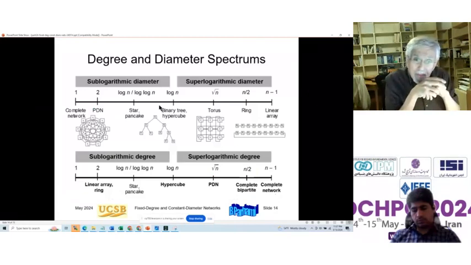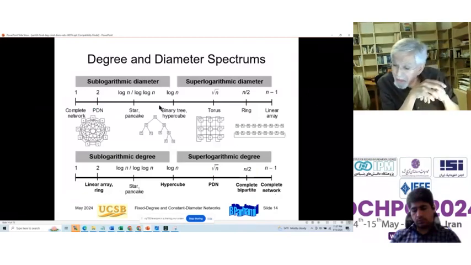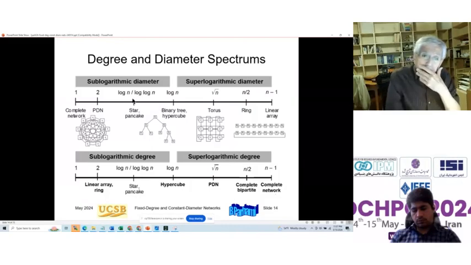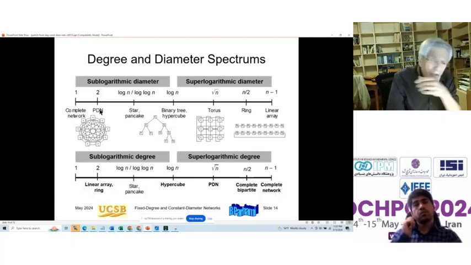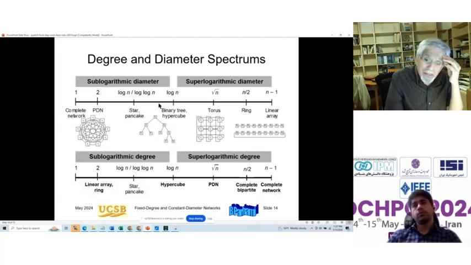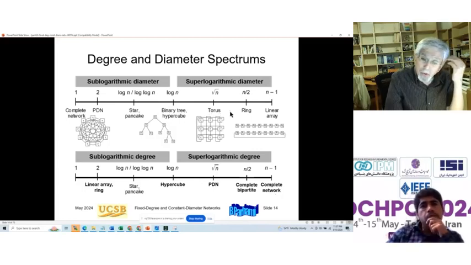Okay, here I've shown the degree and diameter spectrums. The diameter 1 belongs to the complete network, shown here. Diameter 2, perfect difference network. This is a network we invented at UCSB. And as you increase the diameter, you get to torus, ring, linear array on the other extreme.